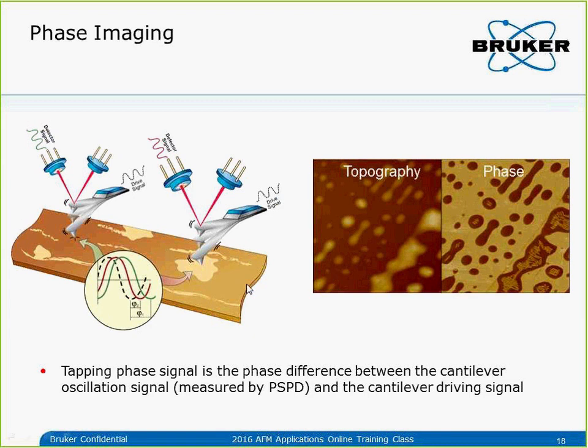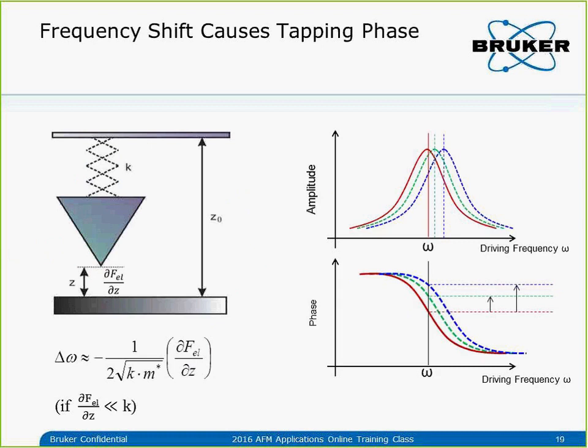The phase is also used for material properties, like we talked about already, and for KPFM, where we need to feed back on the phase for frequency modulation. So the phase is important, and what causes the phase to change?